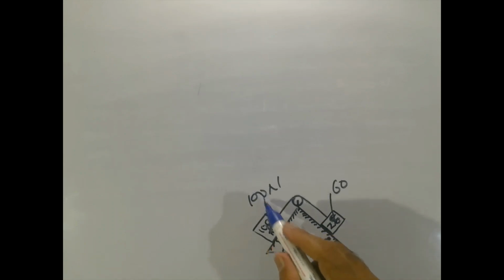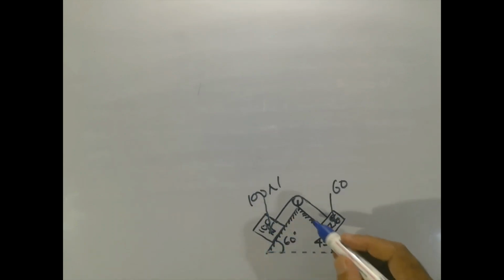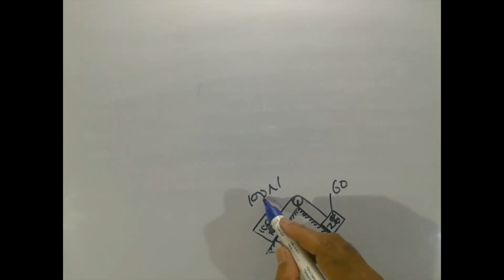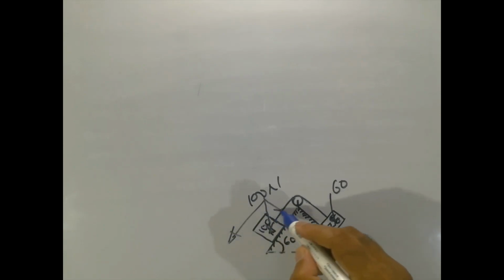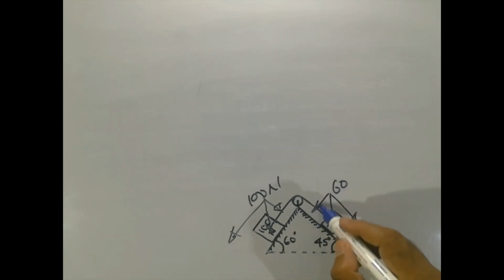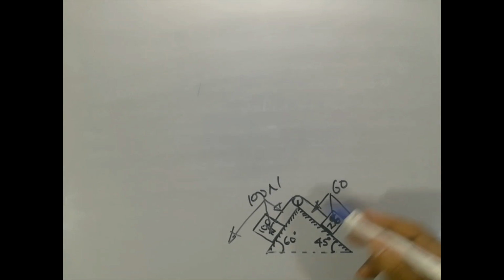And as these forces are acting at an angle to the planes, we have to resolve them into two components, parallel and perpendicular to the plane. We have to resolve the weights into two components.